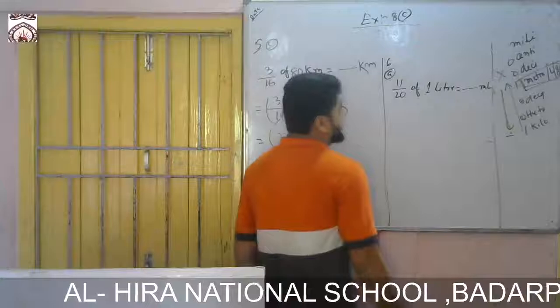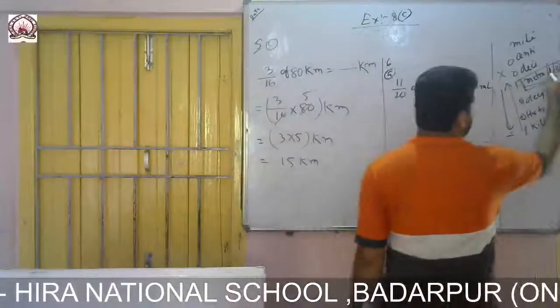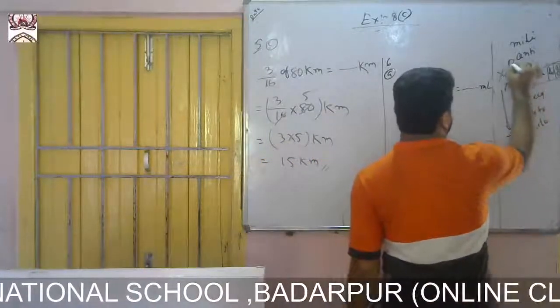So from liter to milliliter. That is 1, then 3 zeros.